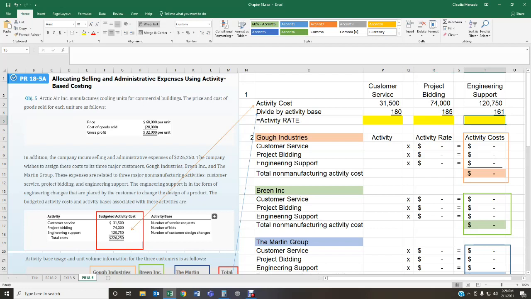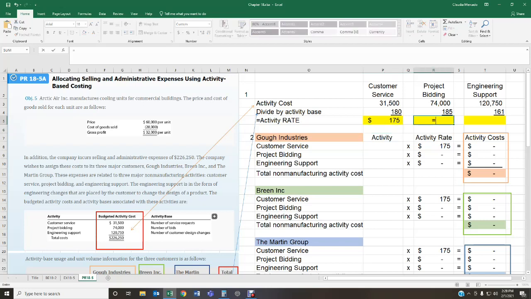And let's see. Now we're going to do the math. We're going to divide the activity cost by the activity base. That's why I like using Excel, because I can just do the formula in the actual cells. So it's going to be your activity cost divided by your activity base. That gives me my activity rate of $175 per customer service request.